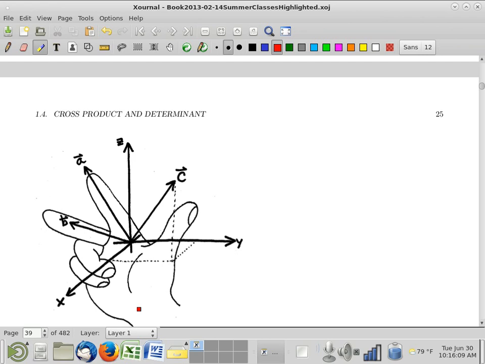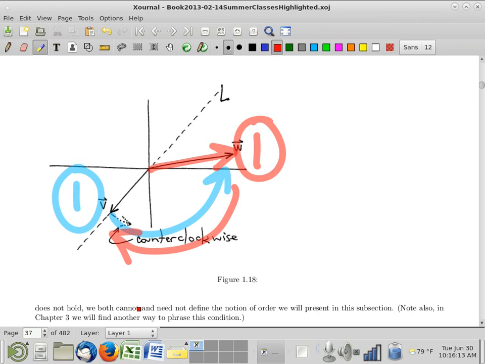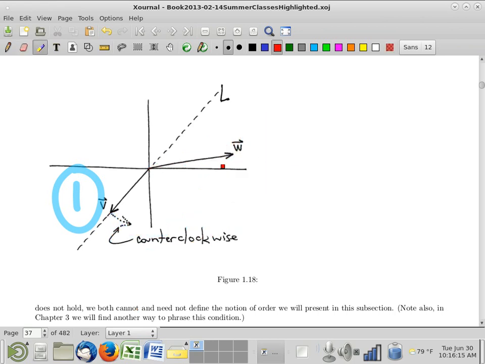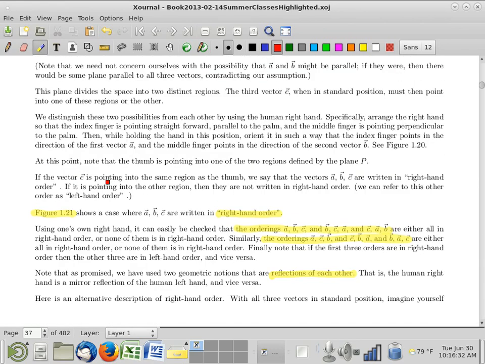But it is possible, right? Just like with two vectors, it's possible that the second vector might point exactly along that line, or possibly even in the same direction as V, in which case then it's neither clockwise nor counterclockwise. Okay, so this is what we mean by right-hand order.